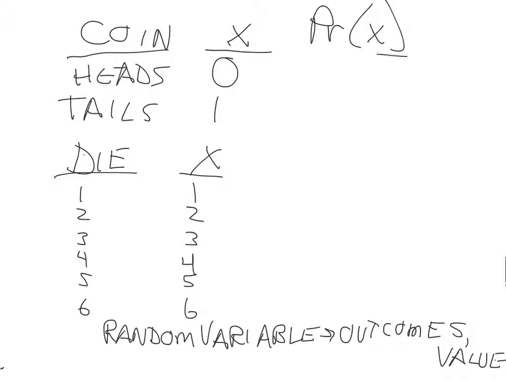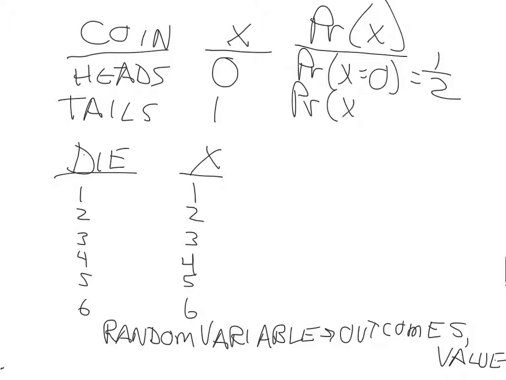So I've got the probability of X. In this case, the probability of having heads when I flip the coin, that is the probability that X is equal to 0, is of course 1/2. Similarly, the probability that X is equal to 1, the probability that the coin comes up tails, is also equal to 1/2.